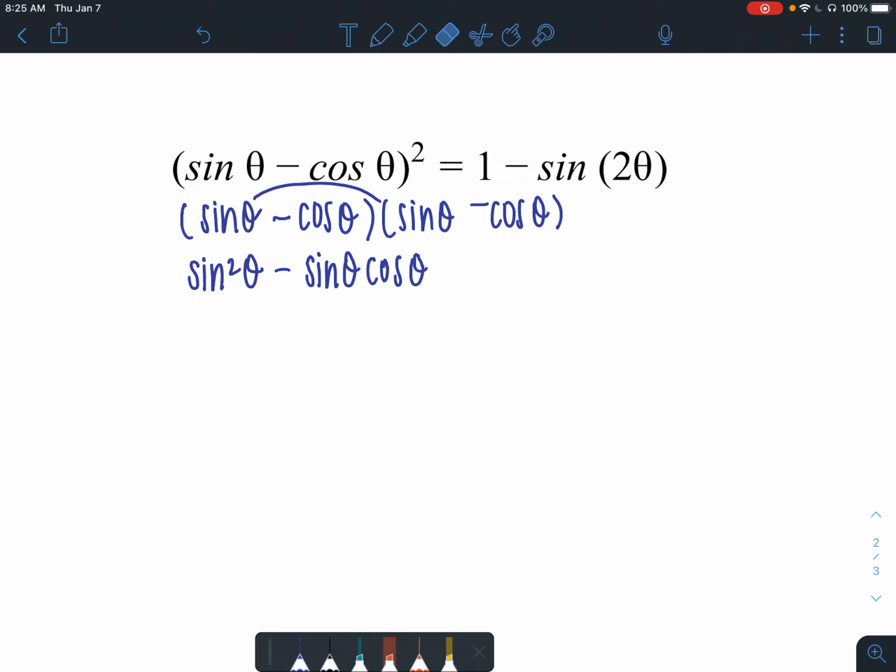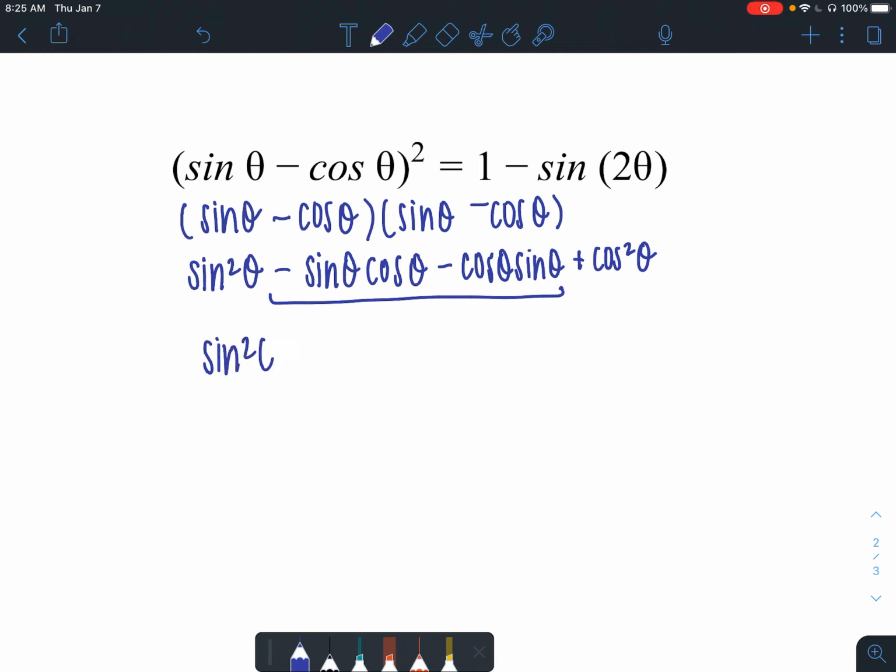I'm not going to draw out my arrows. I'm just doing it the FOIL way. Minus cosine theta sine theta plus cosine squared theta. This right here becomes 2 sine theta cosine theta.